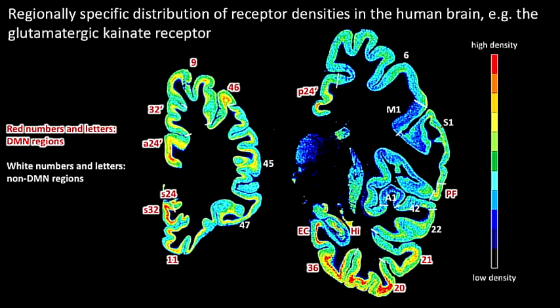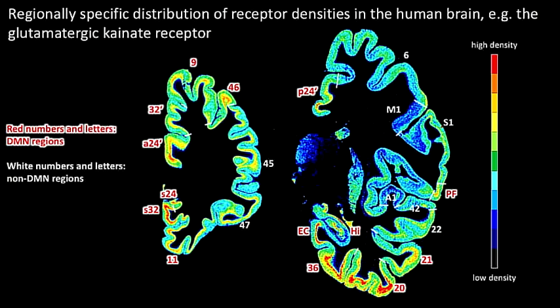To give you an impression how the receptor density is distributed in coronal sections of post-mortem human brains, you can see on the left side a frontal section, on the right side also a frontal section, more in the central region.